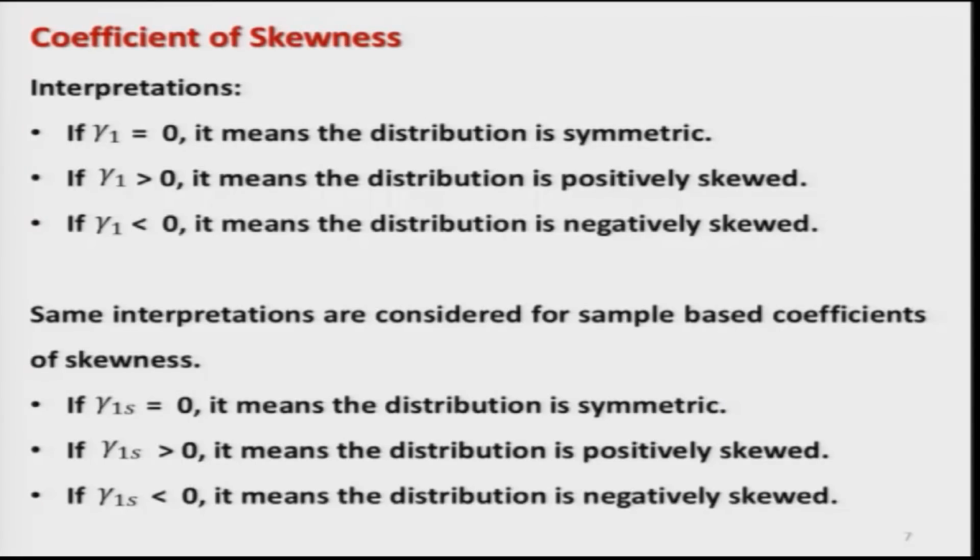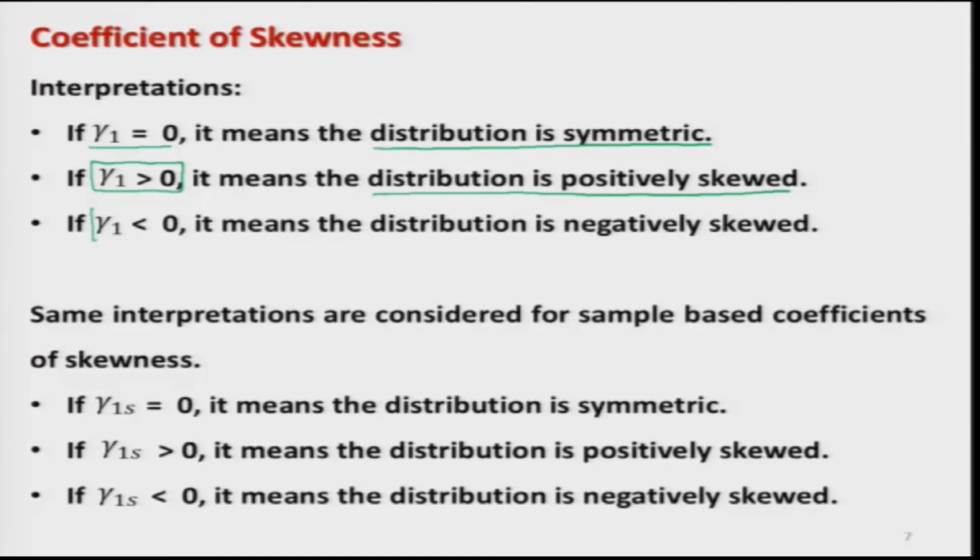The interpretation goes like this. I am dividing the interpretation based on gamma 1 and gamma 1 s, and both are actually the same. The first case is, if gamma 1 is equal to 0, this means the distribution is symmetric. When gamma 1 is greater than 0, that is positive, then the distribution is said to be positively skewed.